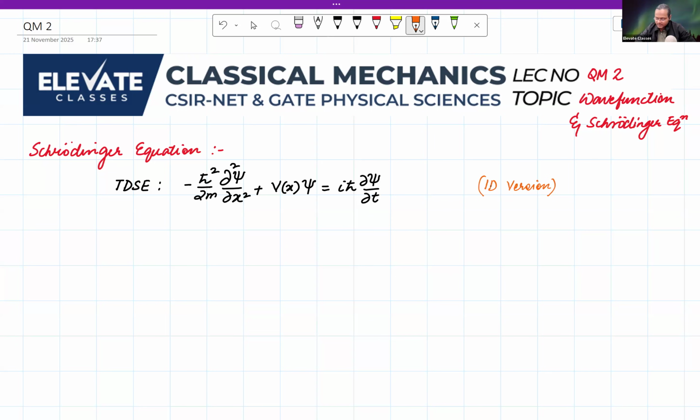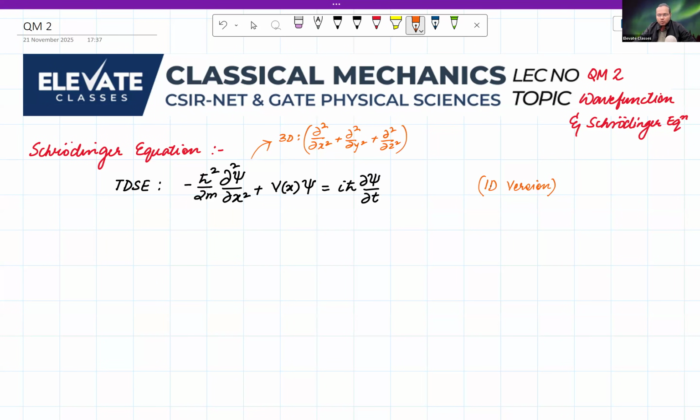And because it's 1D, therefore here you see the second order partial derivative with respect to x. अगर आपके पास 3D होता तो this would become d2 upon dx2 plus d2 upon dy2 plus d2 upon dz2. ठीक है?